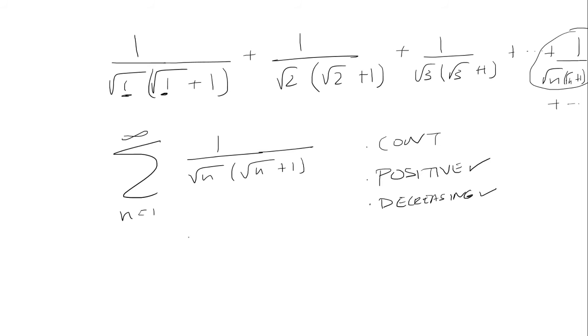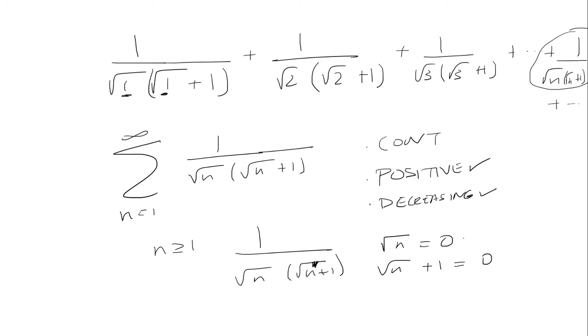Now for it being continuous, because we're interested in n greater than or equal to 1, the only time where it's not continuous is when the denominator is 0, which means the square root of n is 0 or square root of n plus 1 is 0. That means n is 0 here. Square root of n equals negative 1. Well, that's never possible. And the other condition is that whenever you're taking the square root of something, you want it to be greater than or equal to 0.